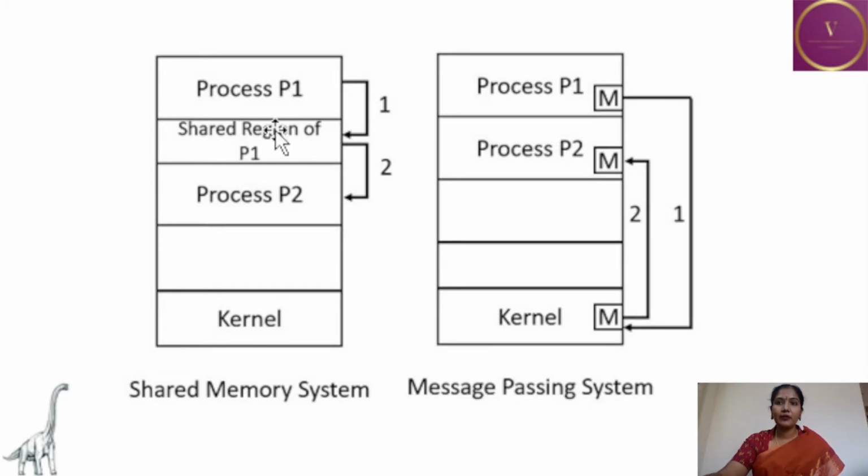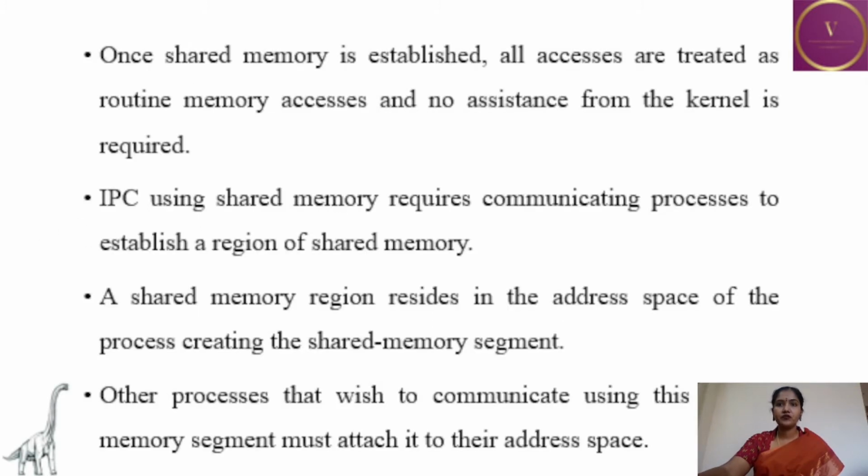And this shared memory region resides in the address space of process P1, and in that address space P1 is creating a separate region called the shared memory region. So process P1 is creating a shared memory segment, so it resides in the memory space of process P1.